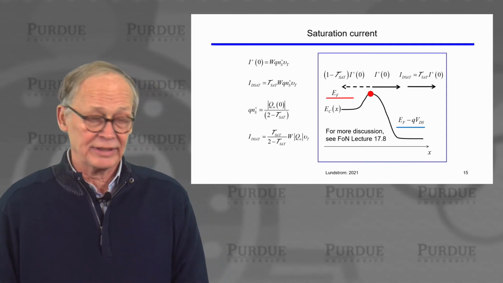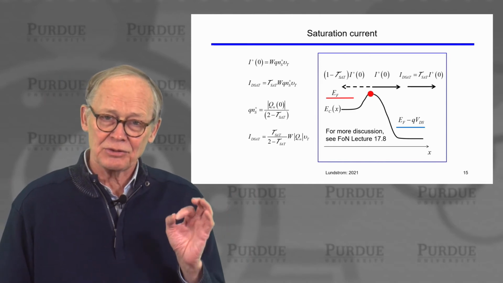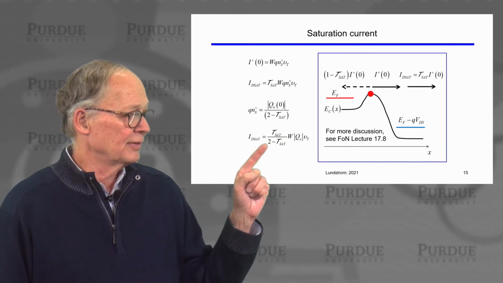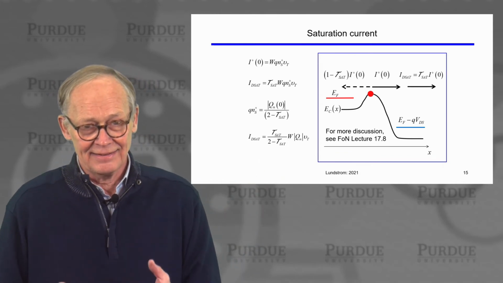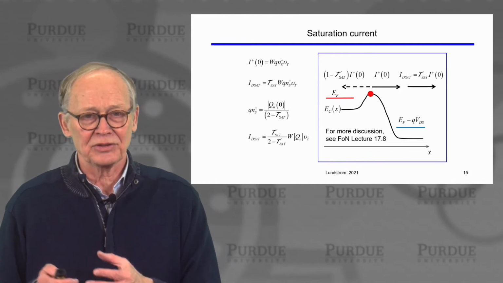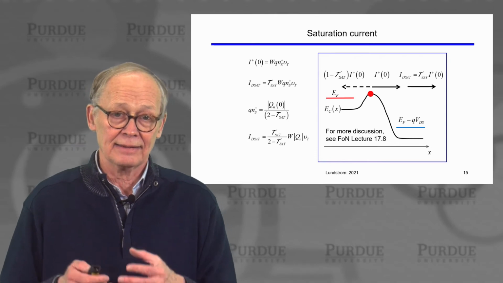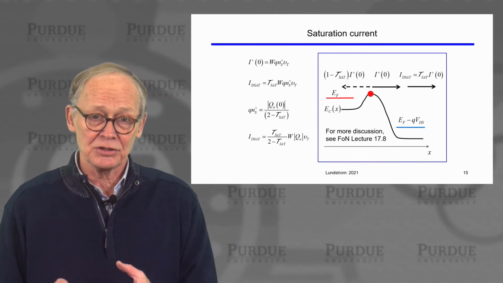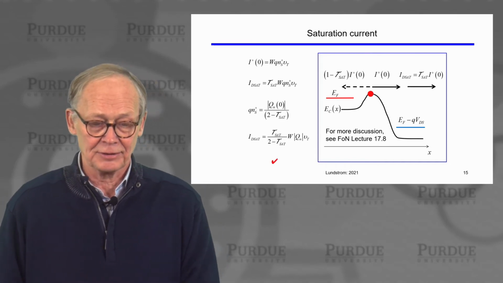If we put this all together, we see that the drain saturation current is not transmission times the ballistic current, but it's transmission divided by 2 minus transmission. That extra factor comes in because no matter whether the scattering is weak or strong, we have to enforce the consequences of MOS electrostatics that the total charge at the top of the barrier is maintained constant.